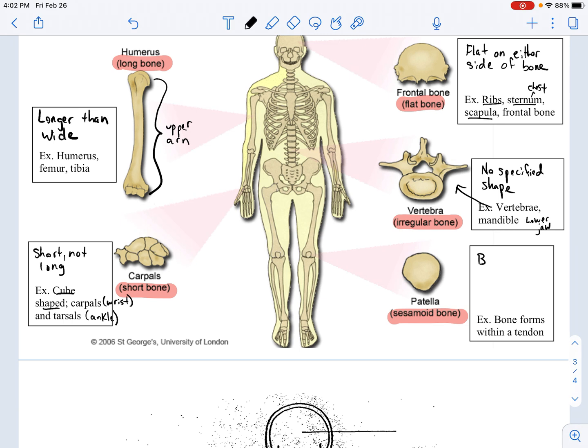By definition, a sesamoid bone is a bone embedded inside a tendon. And many of these bones are extremely tiny. Sometimes they form due to a muscle pulling on a bone over and over time. But the largest sesamoid bone is your patella, which is your kneecap.